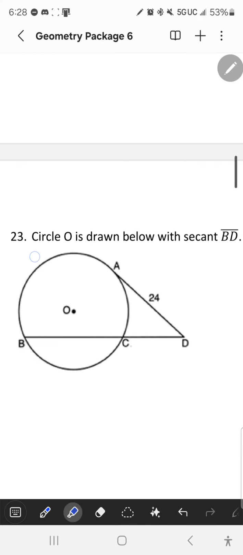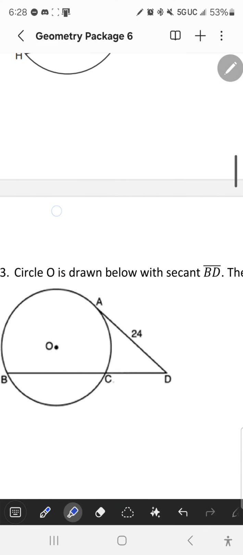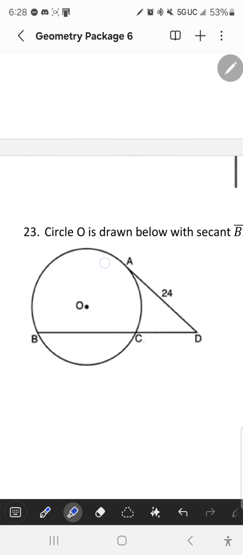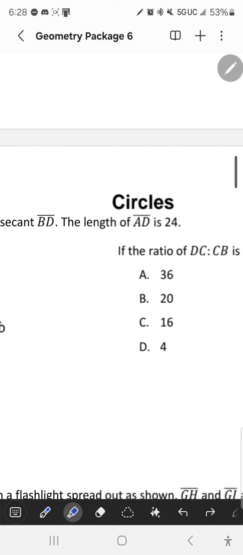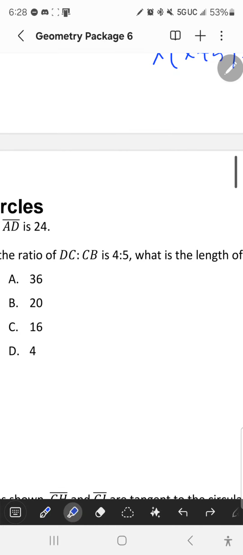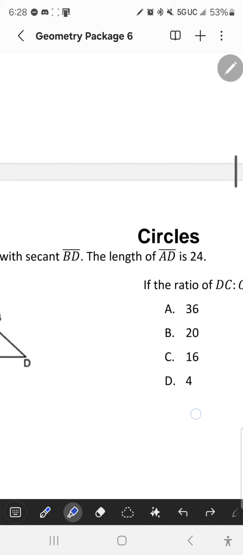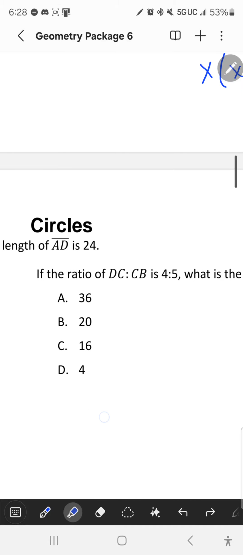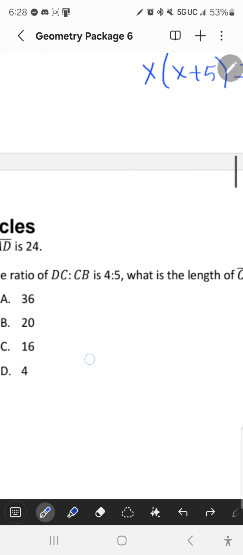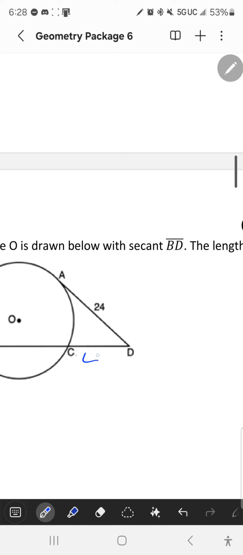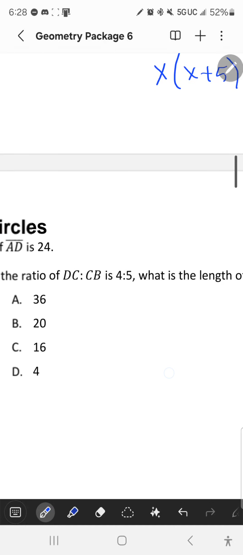Now let's see one with a secant and a tangent. So we have here a tangent line, we have here a secant line. We know what to do. What are we missing? Okay, if the ratio of DC to CV is 4 to 5, what is the length of CV?